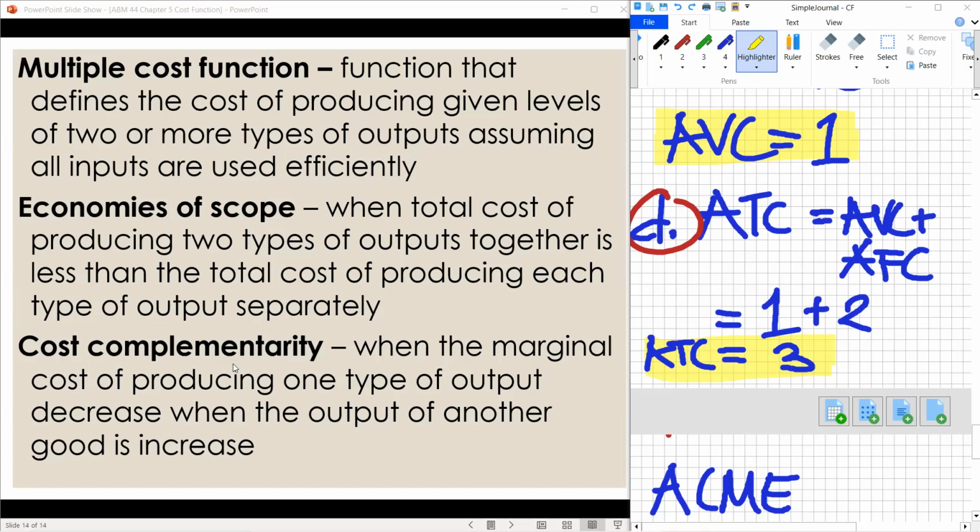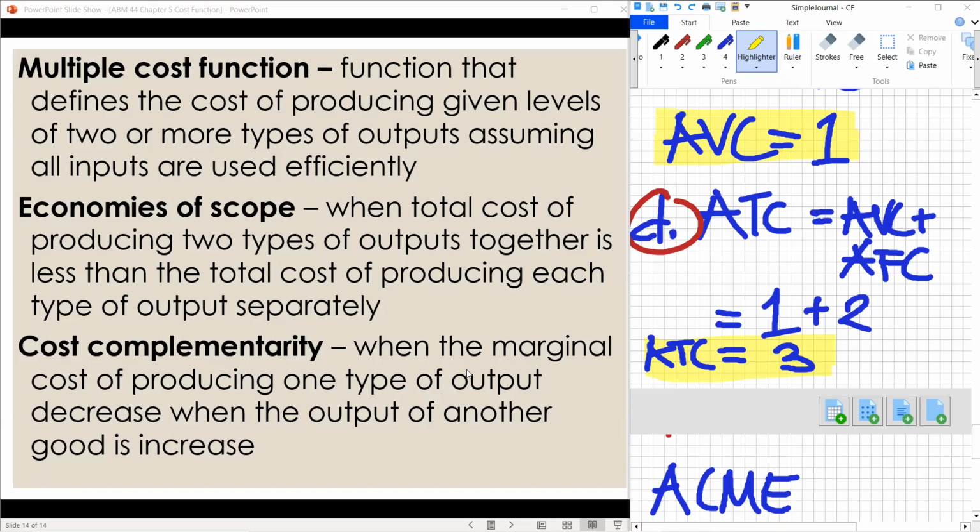While we have cost complementarity. This is when the marginal cost of producing one type of output decreases when the output of another good is increased. So cost complementarity means they complement one another and fit well with your costs, like a 3-in-1, perfect with one another in cost.